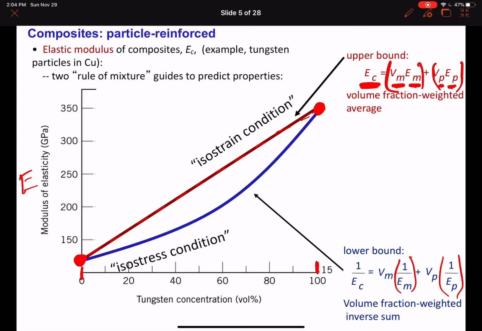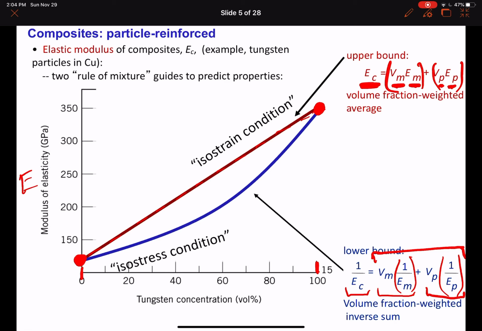So again, the volume fraction of the matrix divided by the modulus of the matrix is added to the volume fraction of the particles divided by the modulus of the particles. And that sum is the inverse of the modulus of the composite. Okay? Some of you who have experience with resistors in parallel may recognize the format of this equation.